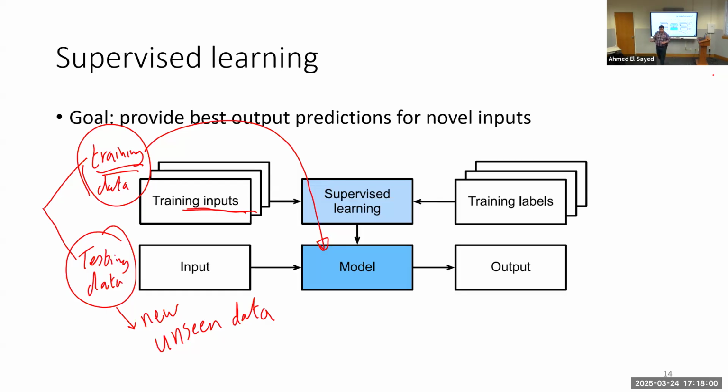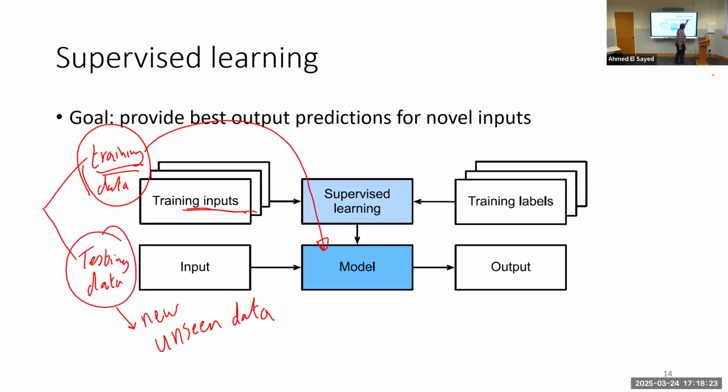Training can be used to find the parameters of your model, and testing can be used to analyze and understand the performance of this trained model. Okay?